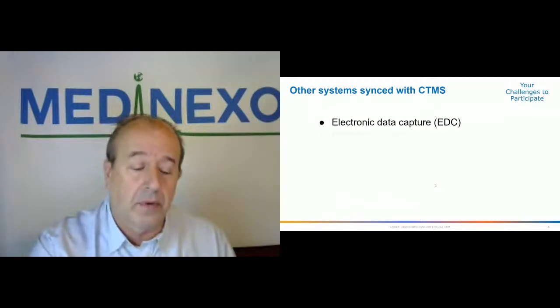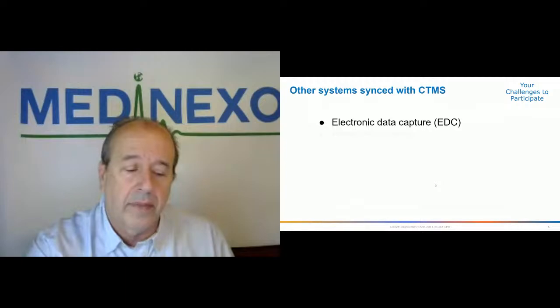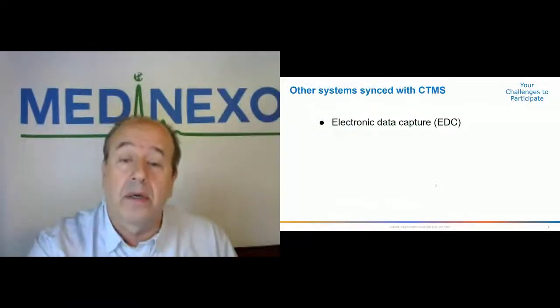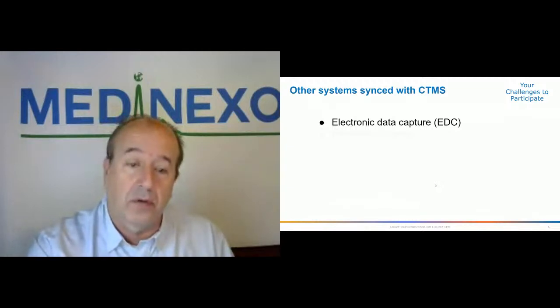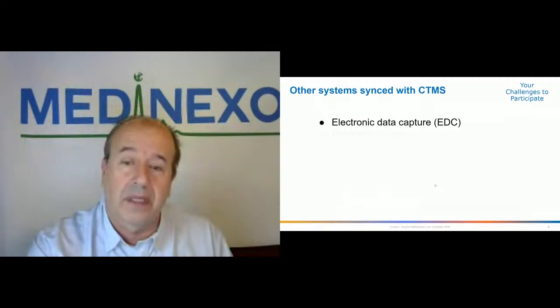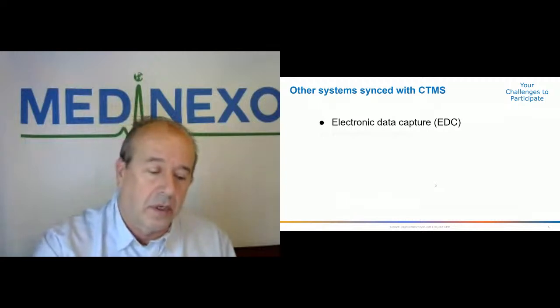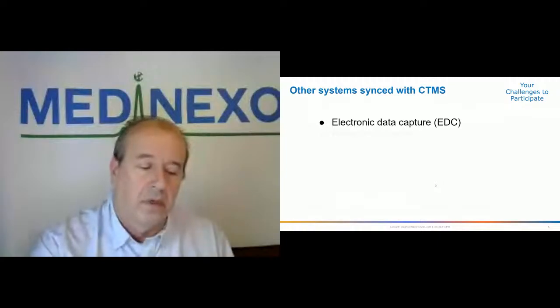Ultimately, you are providing a medical service, and that medical service needs to be captured along with the treatment for a patient. So the interface with the electronic medical record is important as well.